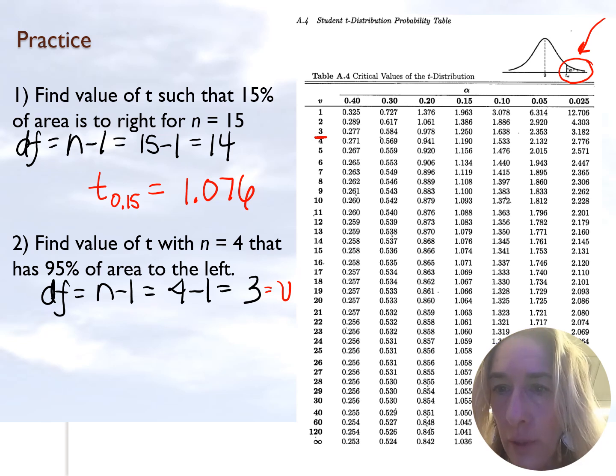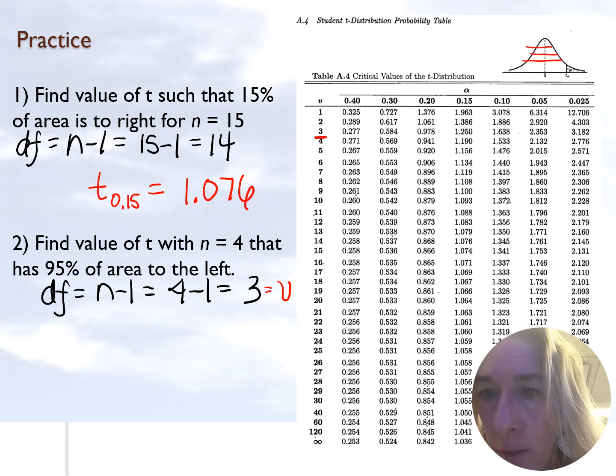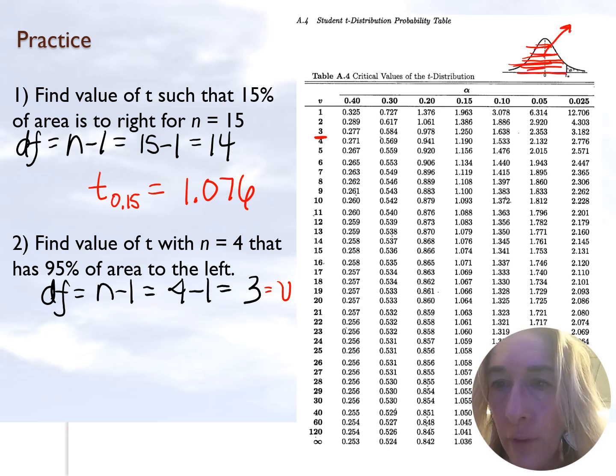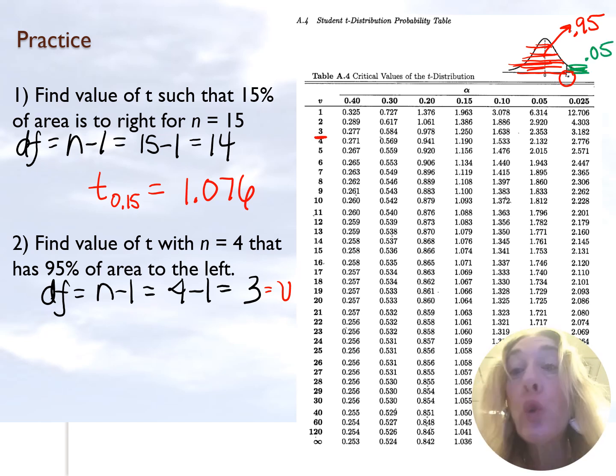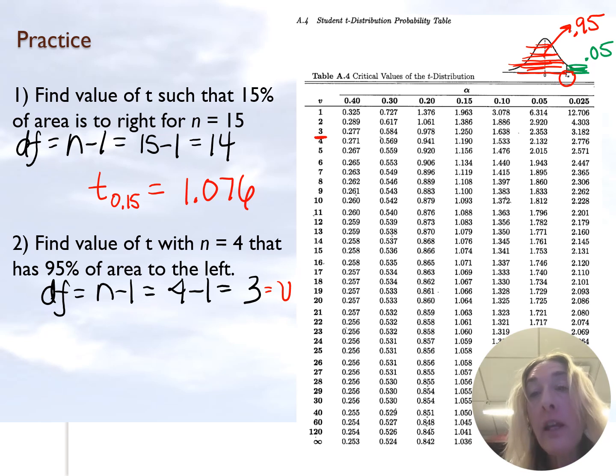What the problem is telling us is that this value of t has 95% of the area to the left of it. That means this value of t has 0.05 to the right of it, right? Because the total area under the curve must add to 1.